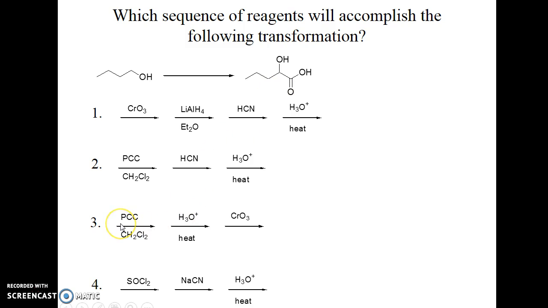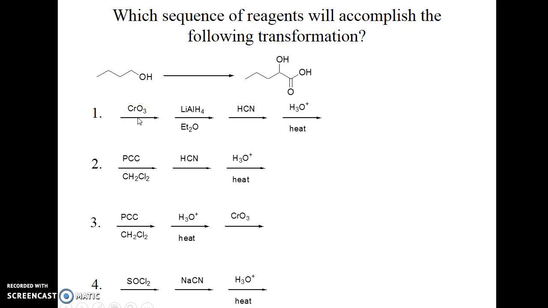So if I look down at the following, you can see there's no carbon being added by this set of reactions. So this cannot produce the product. The rest of them all have cyanide being added in, so yes, it's possible for them to be adding a carbon to the compound. Let's go ahead and look at the remaining ones to see what they actually do.